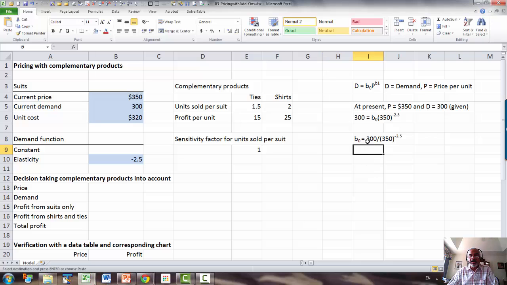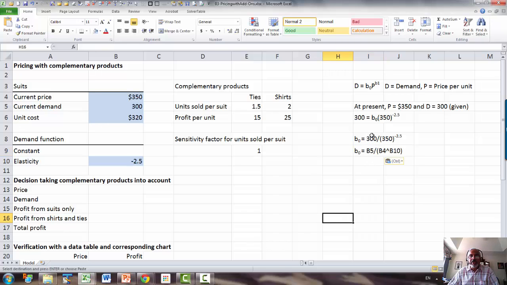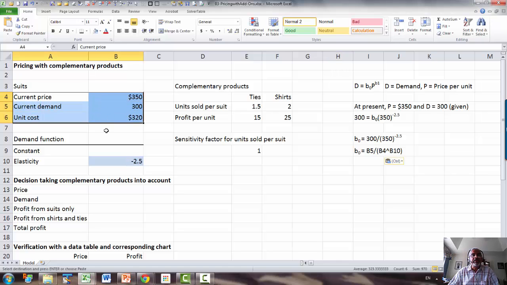So we can convert this into cell addresses. 300 is B5 and 350 is B4, to the power of minus 2.5, which is in B10. So let's give names here.